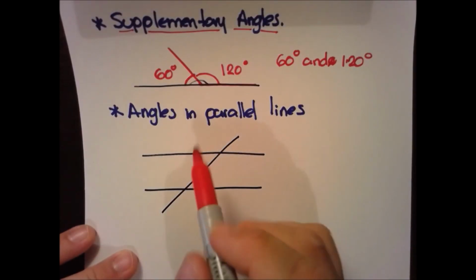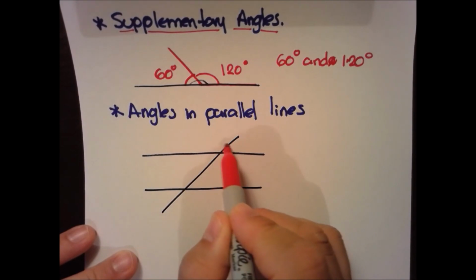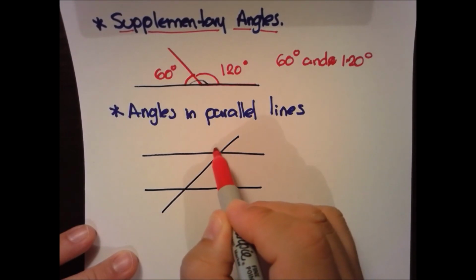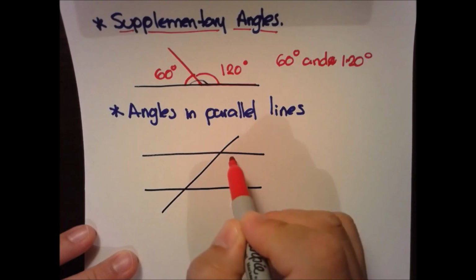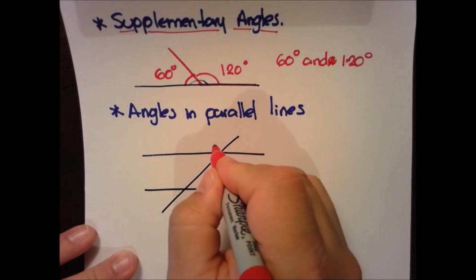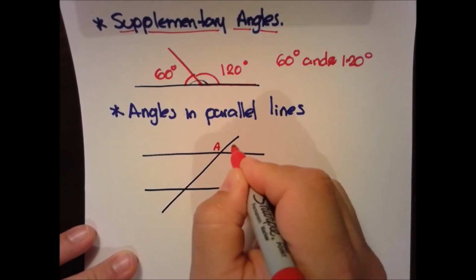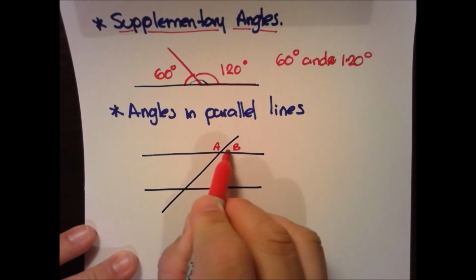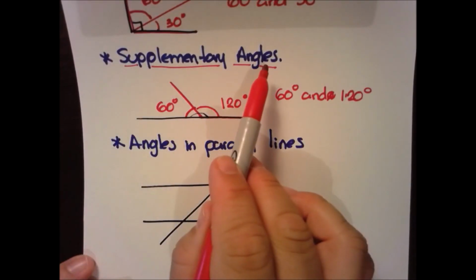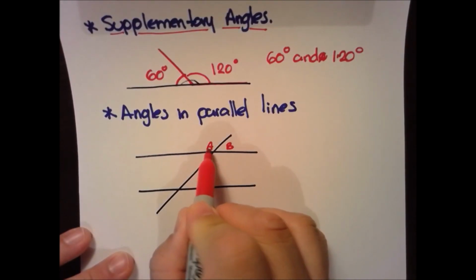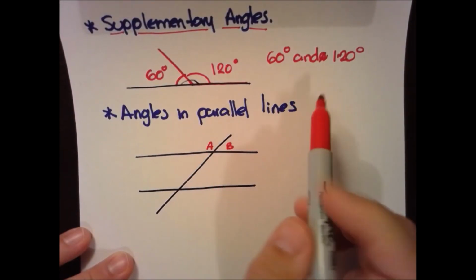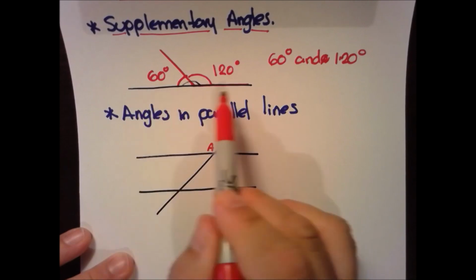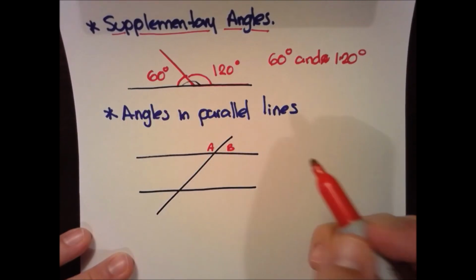For example, I'm going to call this angle A and this angle B. Those angles are supplementary angles, because if you add A and B, you have a straight angle, I mean 180.